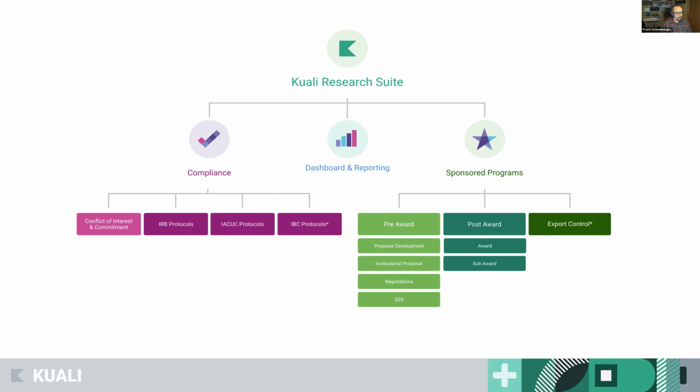Under these various modules, for example pre-award, you've got proposal development, and it integrates directly with export control. Same with post-award, award, and subaward. And if there isn't an integration available, as I mentioned, we have REST APIs so that you could create a new export control from a homegrown system, or from some other system.